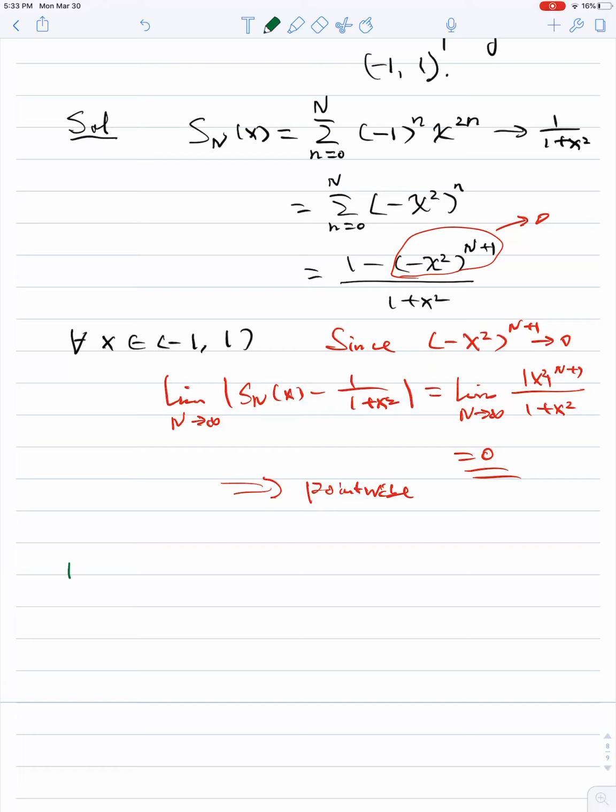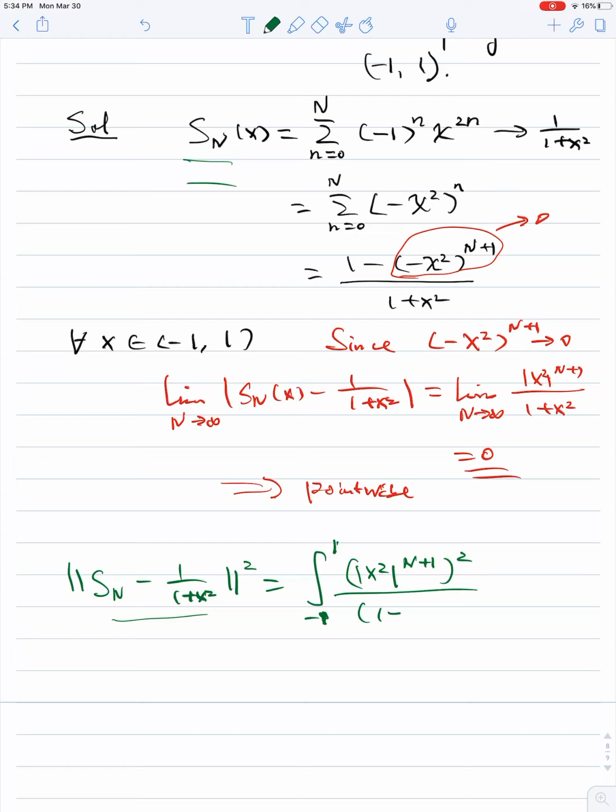If we look at the norm squared between Sn and this function, that is the integral from -1 to 1 of, as we had here, (x squared)^(n+1) over (1 + x squared), squared, dx.